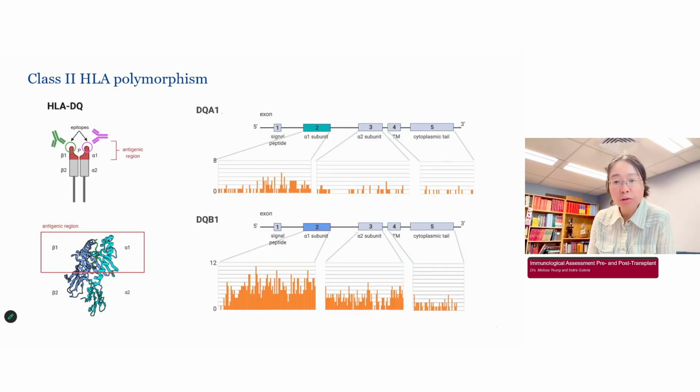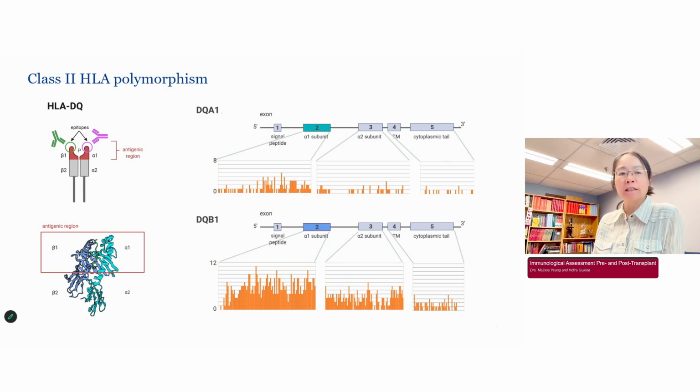For class 2, it's a little bit more complicated because the heterodimer is made up of the alpha chain and the beta chain, and the antigenic region is made up of both. In some cases, the alpha chain is also very highly polymorphic, such as in DQ.